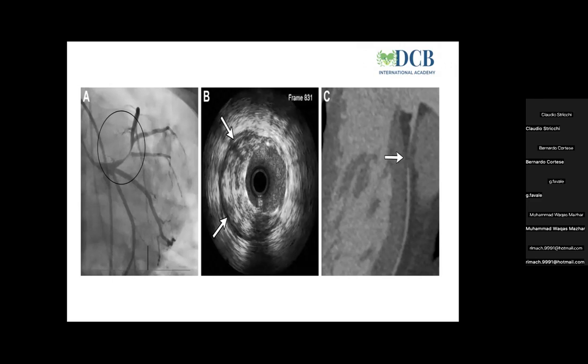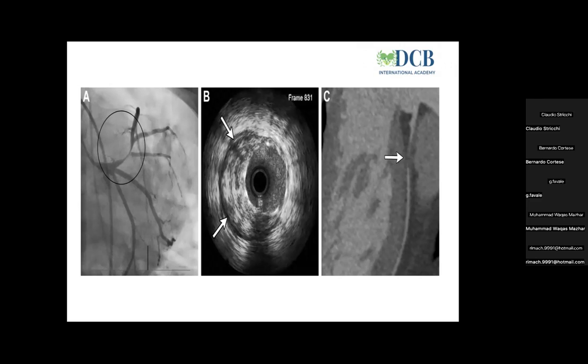If you can comment, please, doctor. Yeah, one of the problems with SCAD is that contrast dye, especially if administered at high pressure, can cause propagation of the dissection. This is why at the beginning we used OCT when we had some doubts from the angiography, but OCT can actually act as a propagator for the dissection.